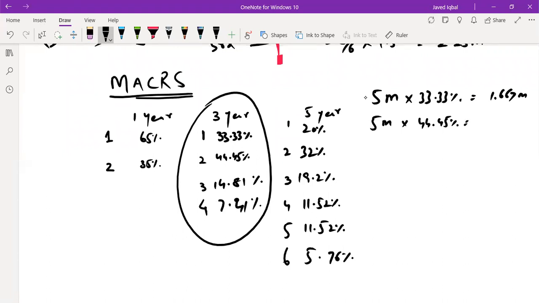So this becomes how much? It's equal to 5 multiplied by 0.4445. So this becomes 2.2225 million.